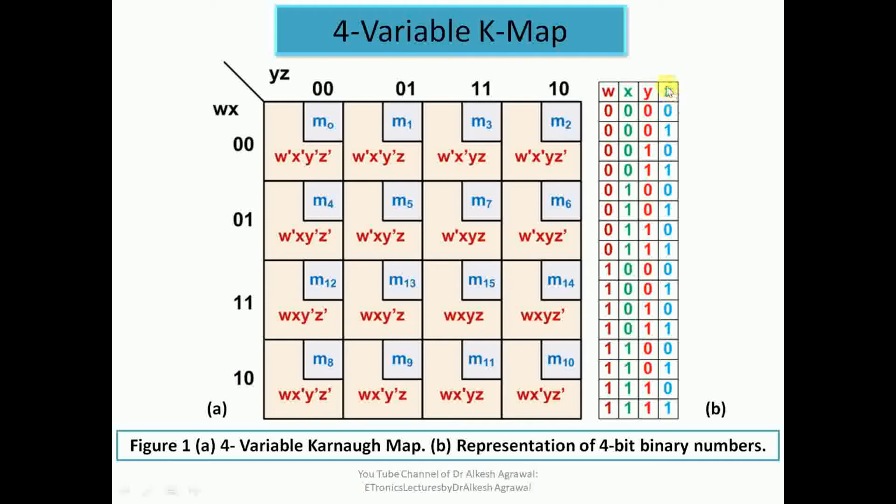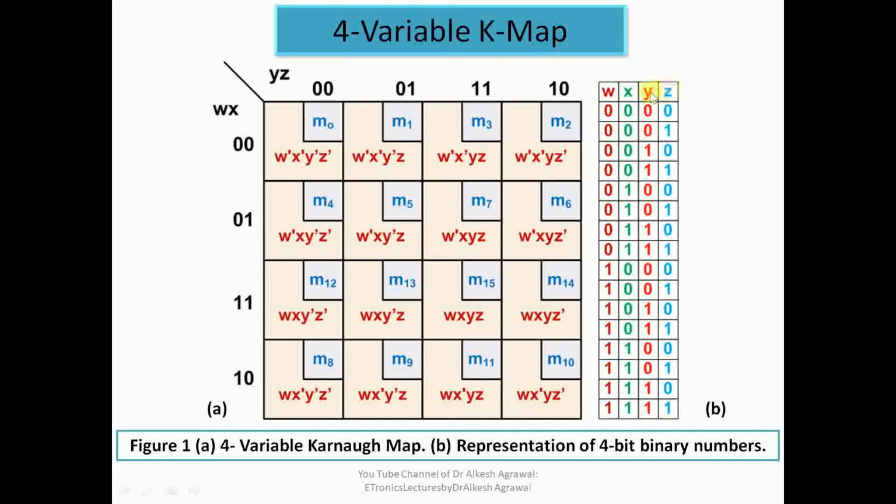The variable z varies alternately, from 0 to 1, 1 to 0, and so on. The variable y is at the value 0 0, then changes from 0 to 1, fixed at 1 1, and so on.